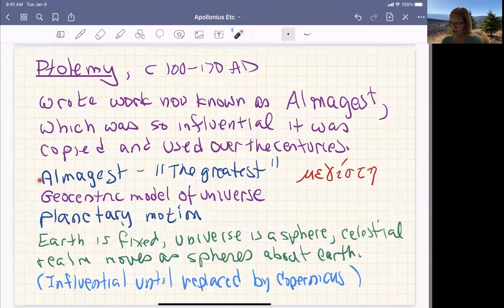So the question is, where did this al come from? In what language is al the? Does anyone know? Well, it turns out that in Arabic, al means the.